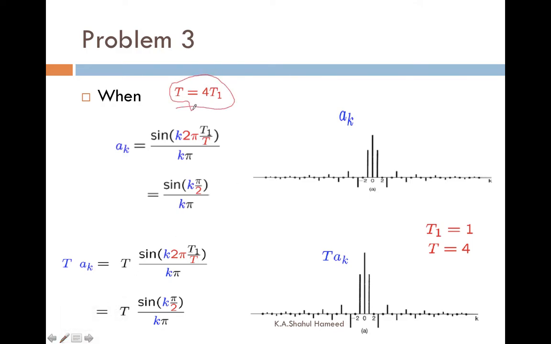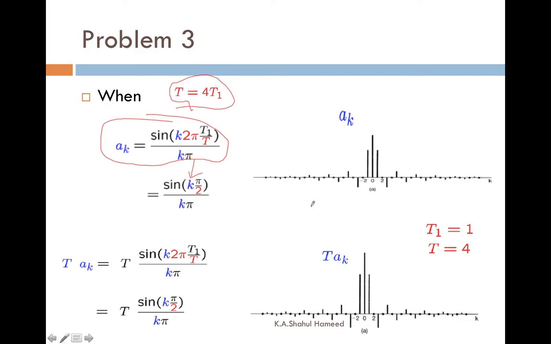When we substitute capital T equal to 4 t1 in the a_k equation, it will reduce to sin(k pi/2) / (k pi). Actually, sin(pi/2) is 1. When you give different values to this k, you'll get 1, minus 1, 1, minus 1, something like that.